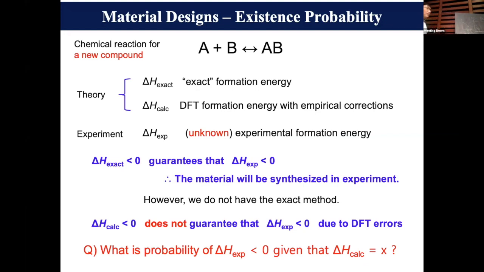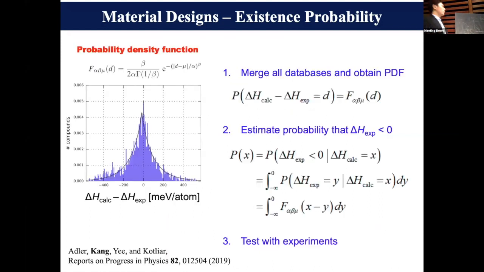Then our question is, what is the probability of a negative experimental formation energy given that the DFT formation energy has a certain value of x? In order to estimate the probability, we do the following procedure. First, we merge our existing databases and estimate the computational error.